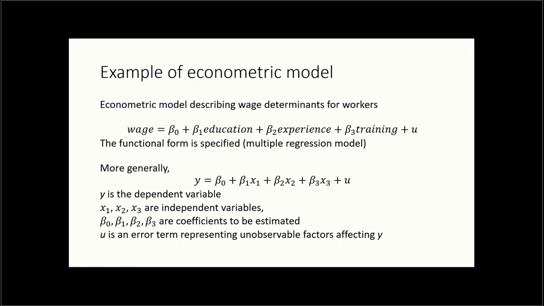And these beta coefficients capture the effect of a variable x on the dependent variable y. That's how we are going to be interpreting these coefficients that we will be estimating.